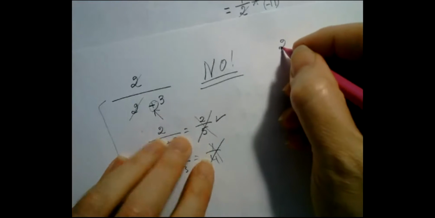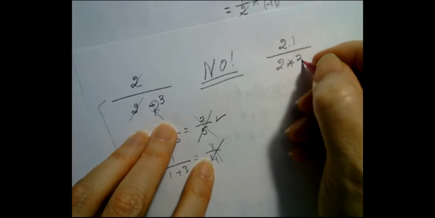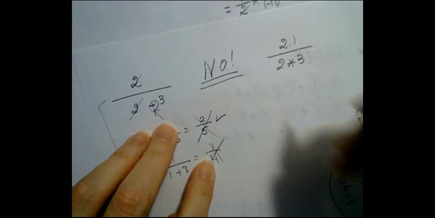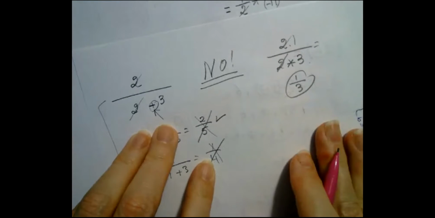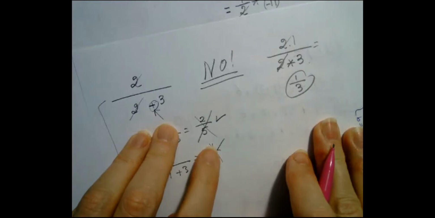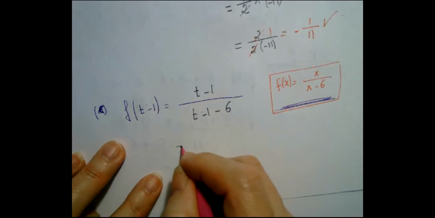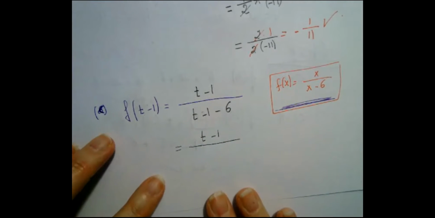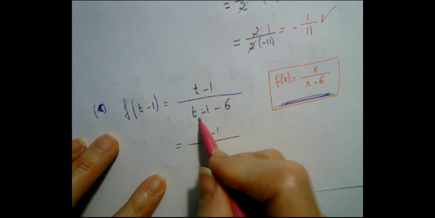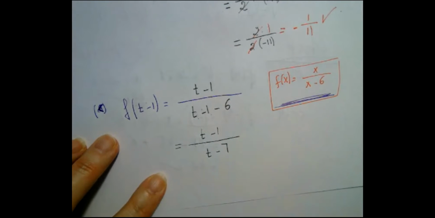You can simplify in what scenario? If you have 2 over 2 multiplied by 3. That's when you can simplify, and you're left with 1/3. Are you with me? So this is going to give me what now? I cannot simplify. I cannot touch this. This is going to give me t minus 1 over t minus 1 minus 6, which is t minus 7.